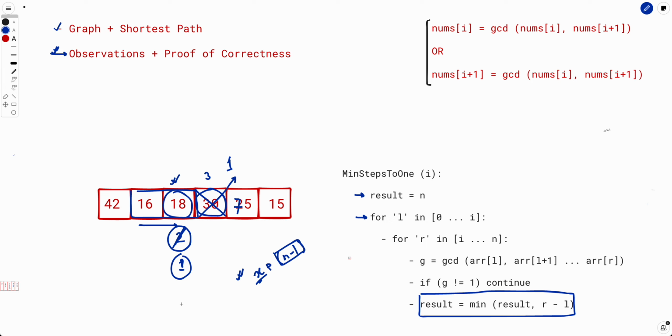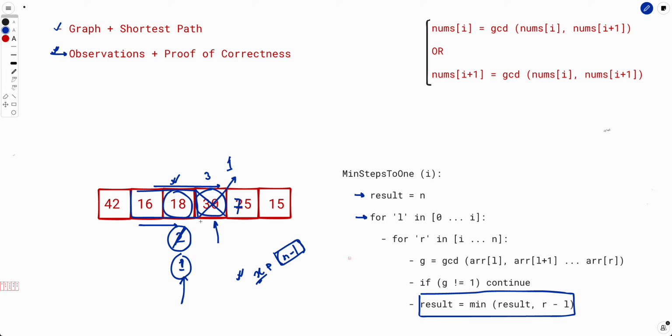Basically, if you get 1 in between, it means that the number of operations required to convert that number to 1 is smaller than the number of operations required to convert a number after that number, because you are propagating everything, so that you can make this number 1, and you have said that this is the number which requires the smallest number of operations.